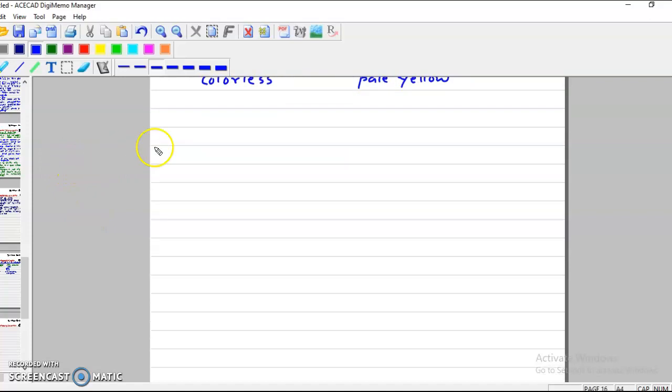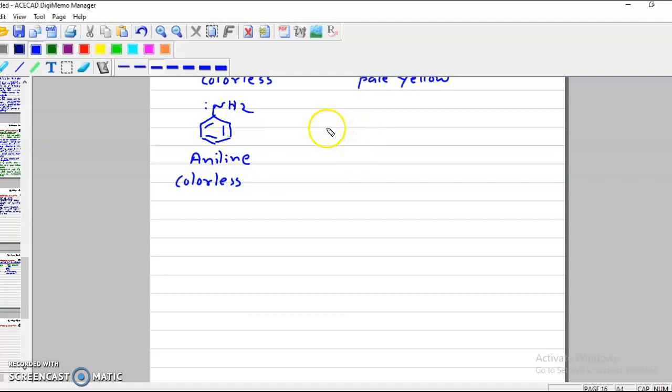Similarly, if we take aniline, theoretically it is a colorless liquid. Of course, it imparts color in presence of air because of oxidation of aniline, but in fact it is a colorless liquid.